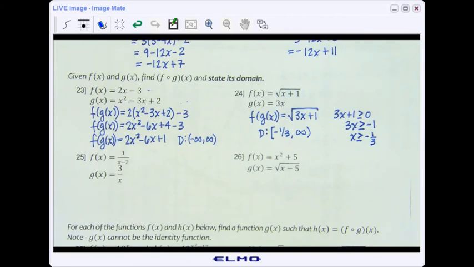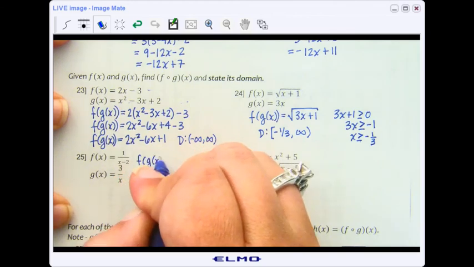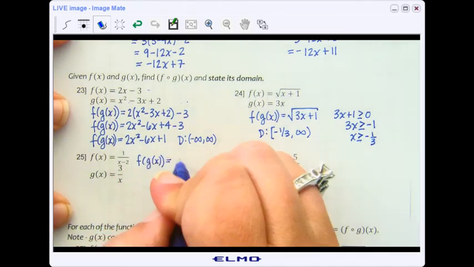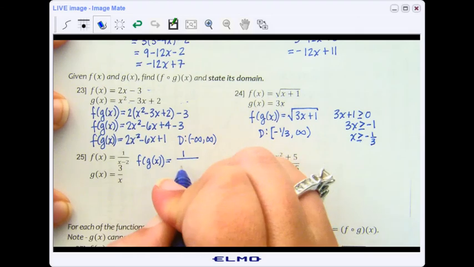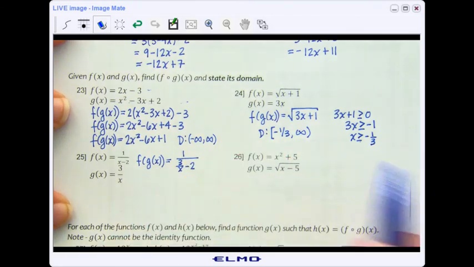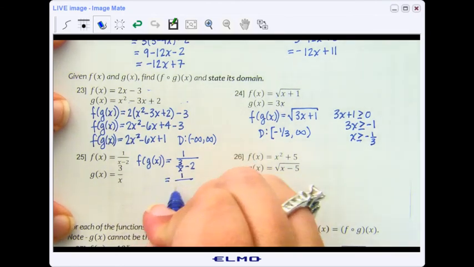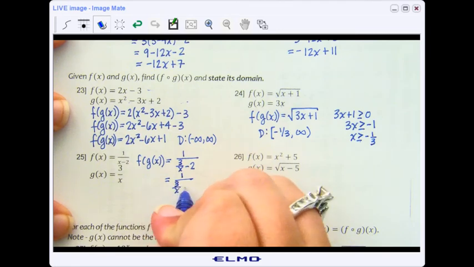In number 25, when I find f of g of x, I have 1 over 3 over x minus 2. Well, if I make a common denominator on the bottom, then this becomes 1 over 3 over x minus 2x over x.